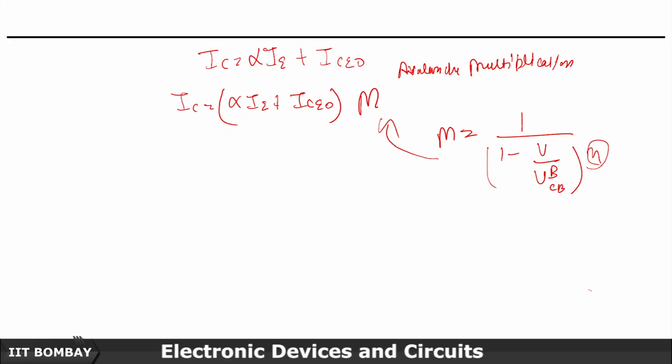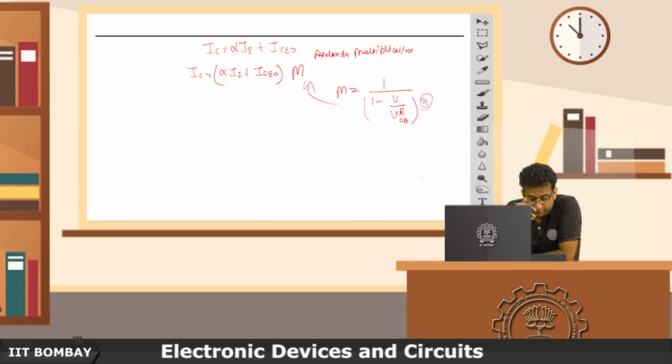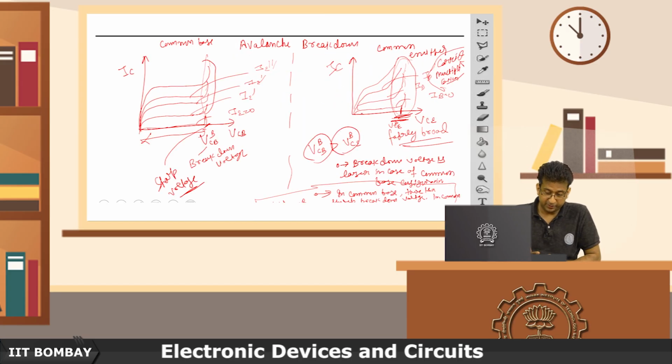And this probability of ionization increases with increasing electric field. Therefore, the reverse bias voltage plays a very important role. If the voltage is higher, then more multiplication will happen in this reverse bias. And this is what we have discussed in the common emitter case and common base case.